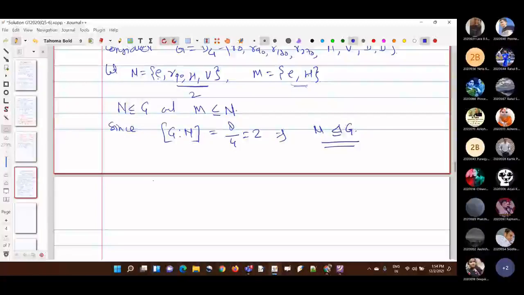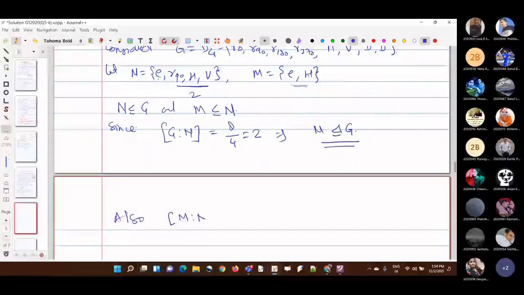And N is normal in G. And also the index of M in N is 4 by 2.